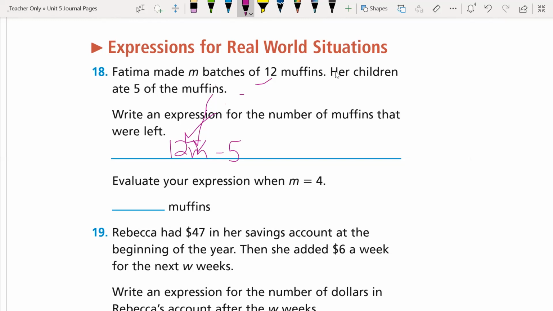But we do know that we have to multiply 12 times M, or 12 times how many batches. Because if we knew that it was 2 batches, we would go, oh, 12 muffins times 2 batches, that's 24. And then they ate 5 of them, we're left with 19. But we don't know that information. We can only write down what we know right now, and that is 12 times the number of batches minus 5.